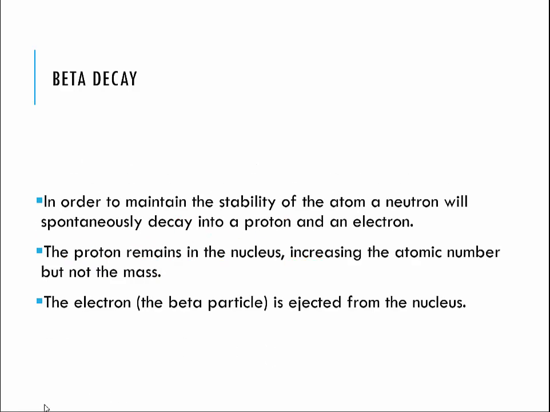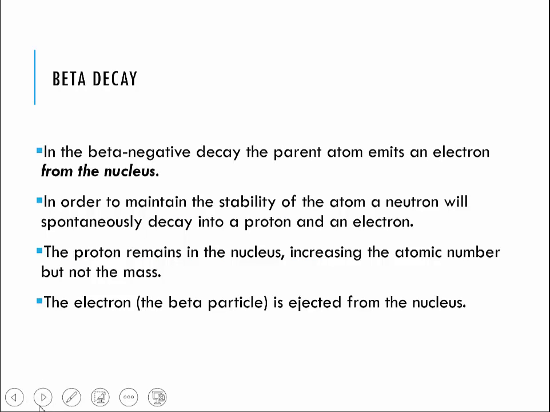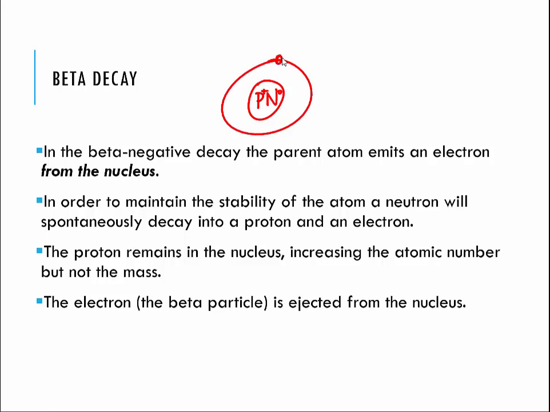switching to beta decay. Beta decay is a little weird because in this beta decay, the parent atom emits an electron from the nucleus. So remember, in our atom, we have protons and neutrons in here, positive, neutral, and then electrons should be out here, right? In beta decay, remember this is so excited and it spontaneously emits an electron from here.